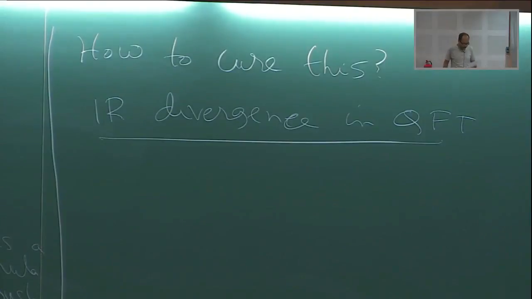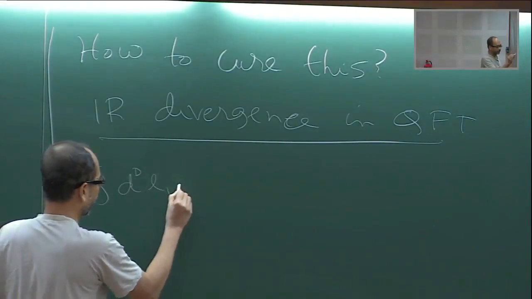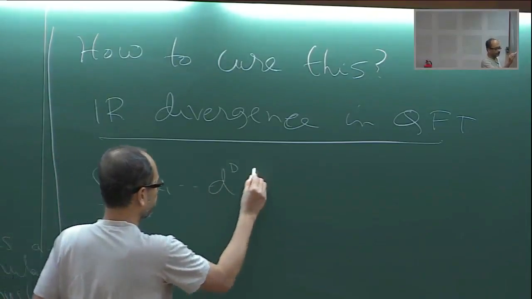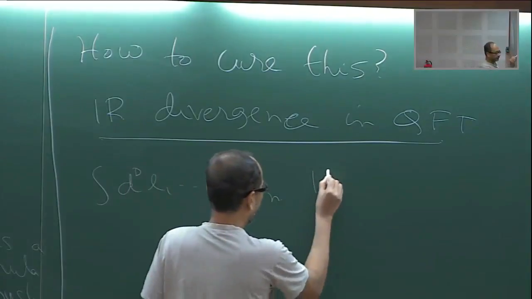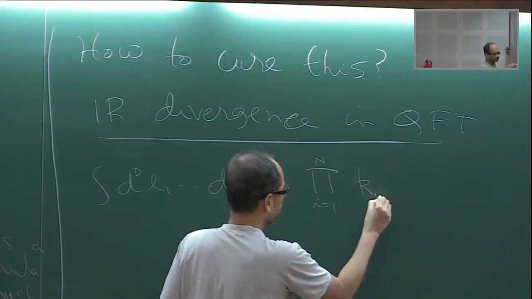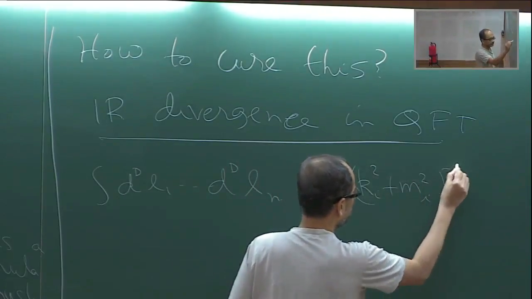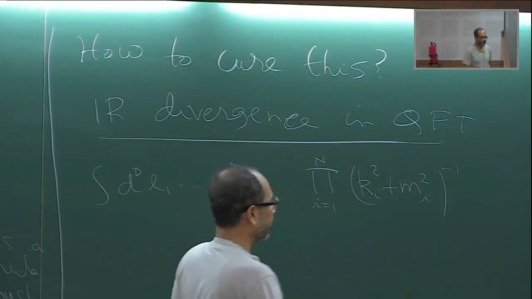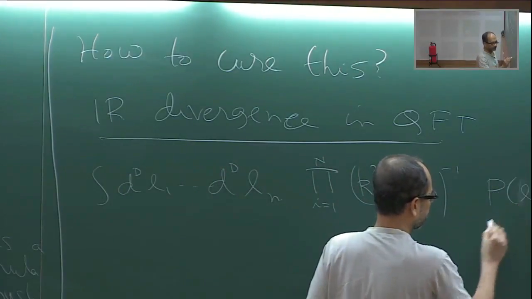In quantum field theory, a Feynman amplitude typically has the following structure. You have the integration over the loop momentum, and then you have a product of propagators, and possibly multiplied by some polynomial in k, the loop momentum.